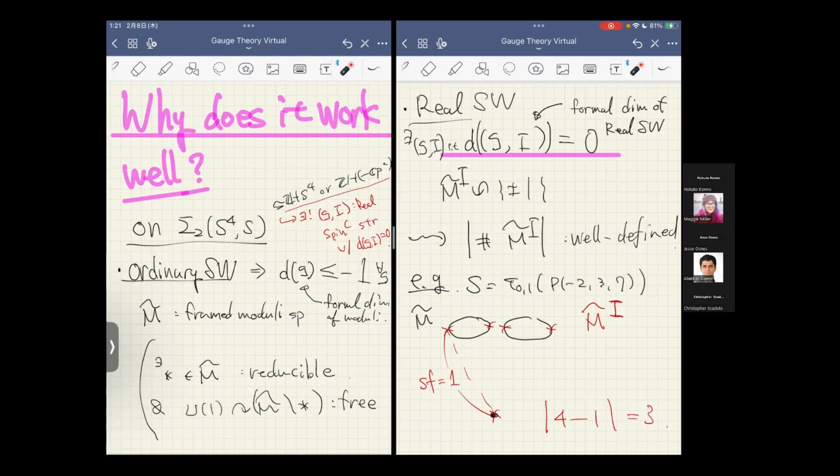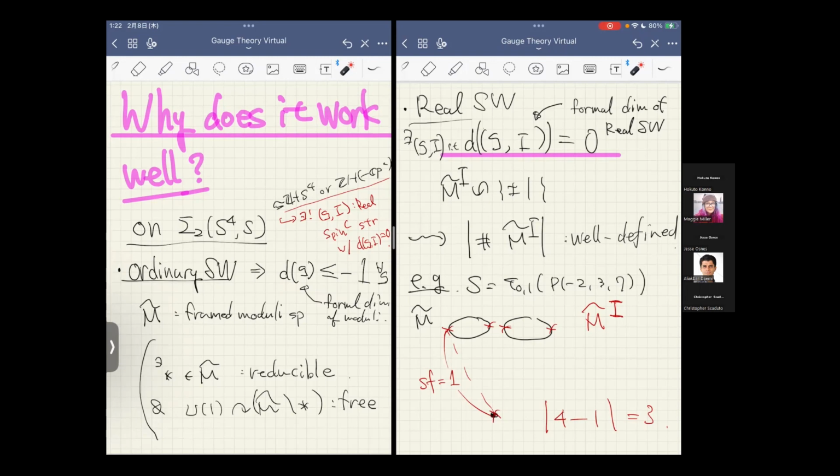In the case of ordinary Seiberg-Witten theory, under this condition, for all spin-c structures, the formal dimension of the ordinary Seiberg-Witten moduli space is less than -1. So if we take a generic metric and generic perturbations, we have no irreducible solutions.